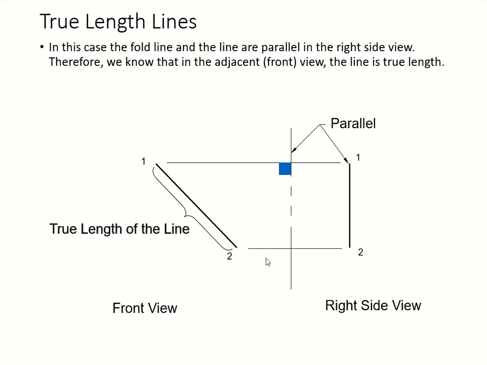Alright, here's another case. Here your fold line is right there, and the line 1, 2 is parallel. And here, of course, our view is your right side view, adjacent to your front view. And this line is a true length.